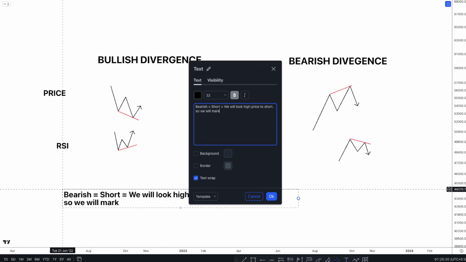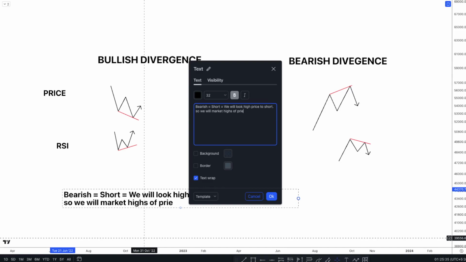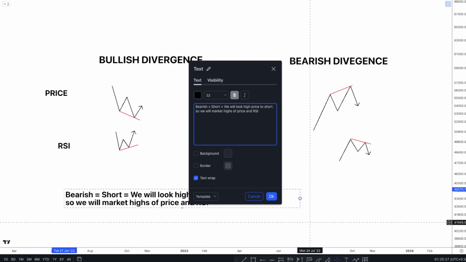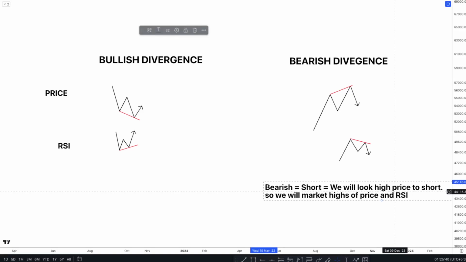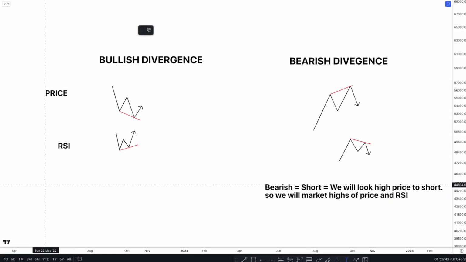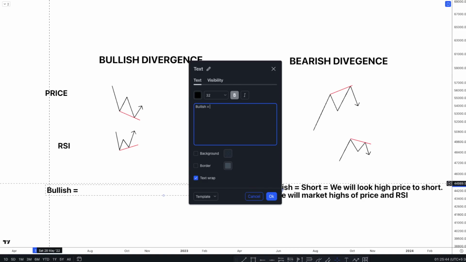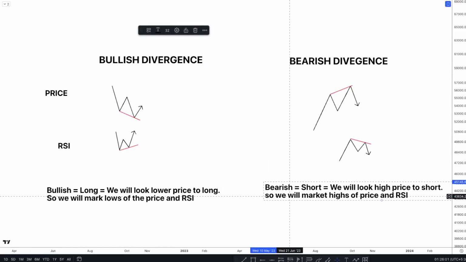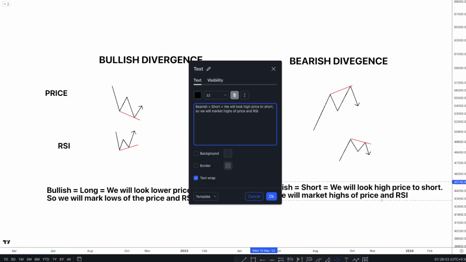We will mark the highs of price and RSI. Bullish means long, so we will look for lower price to long, so we will mark the lows of the price and RSI. So this is something which will make you remember all this.